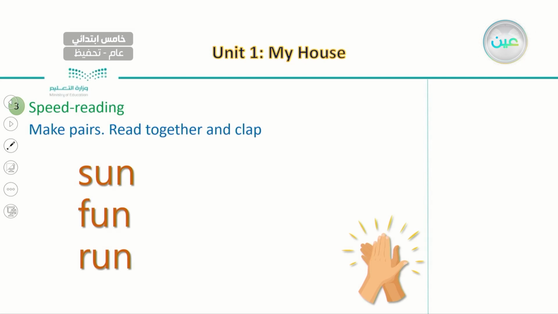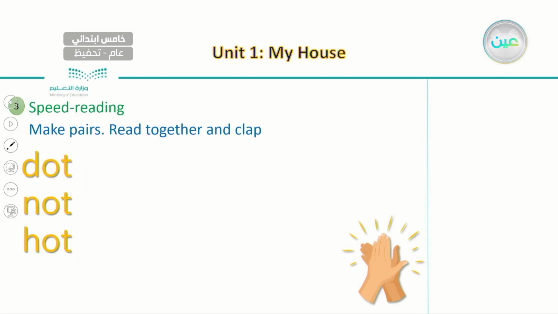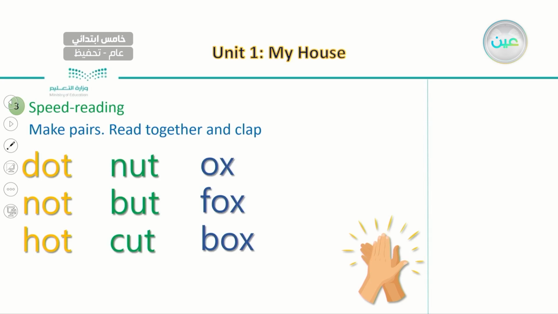Very good. Now, as you can see, these are the whole words that we're going to speed read. We can say dot, not, hot, nut, but, cut, ox, fox, box, sun, fun, run. These sets of words will be more interesting if you memorize them, and also if you clap when you read them together.